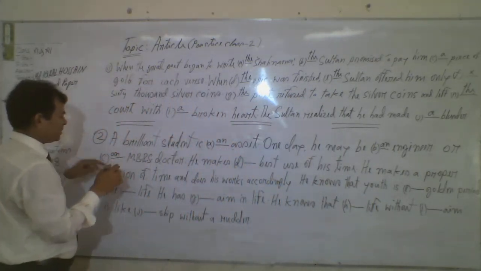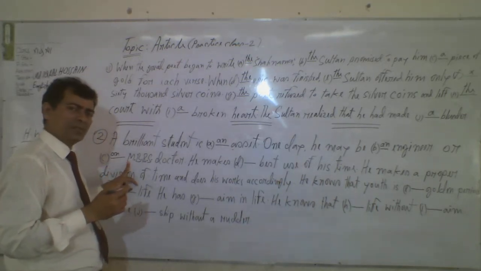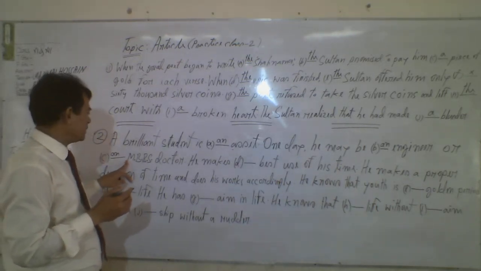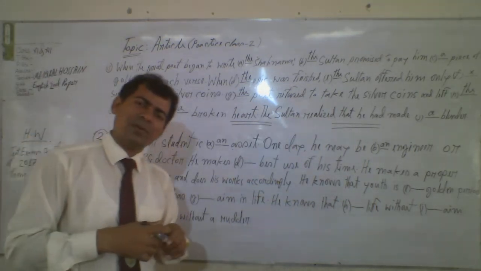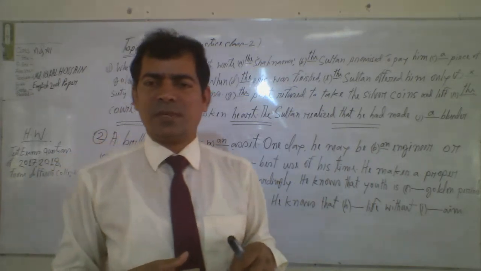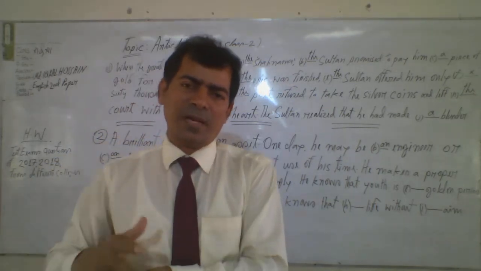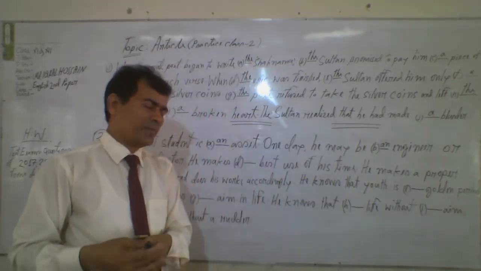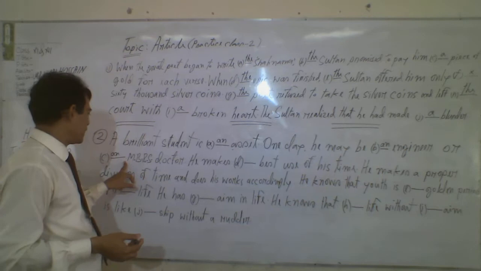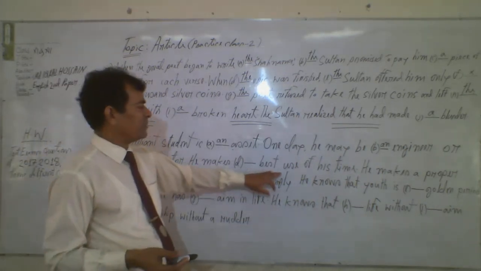Why? Because if the first letter of an abbreviated word sounds like a vowel, like M, beginning with the sound em, I must use an. An MBBS doctor.